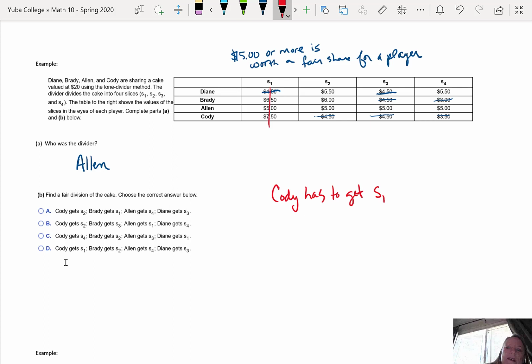That takes this away from everybody else. And so looking at this, that then makes Diane, because S of 1 is gone, the only other one she likes is S of 3.